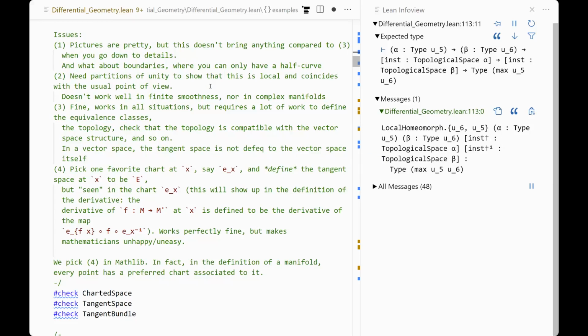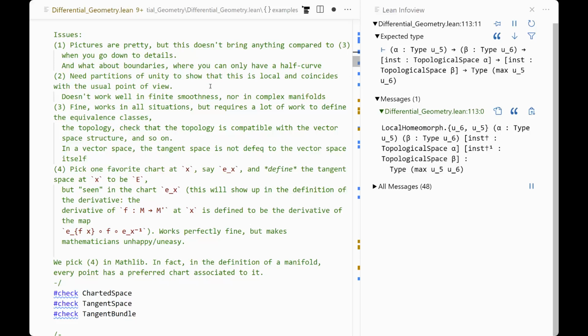But of course, we also need the property: what happens if you look at a chart that contains that point, but is not your favorite chart? And then we have a lemma saying, oh, it's still the thing you expect there. So it doesn't remove all the proof obligations. We still need to prove that in other charts it's still the sensible thing, but at least the definition is quite a bit easier.